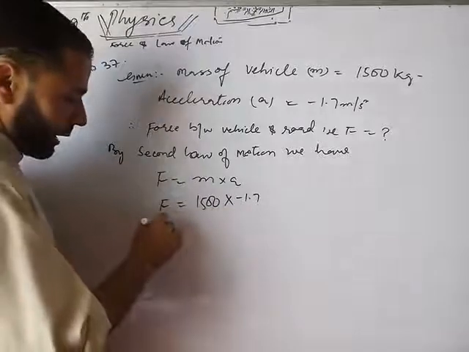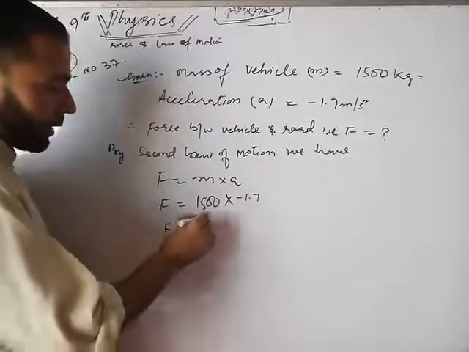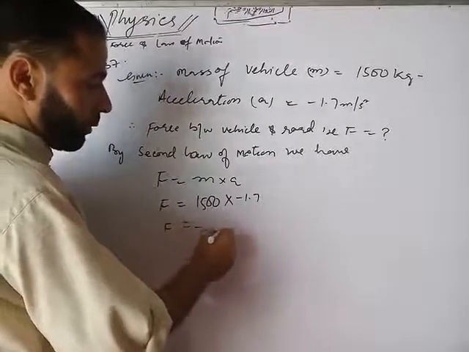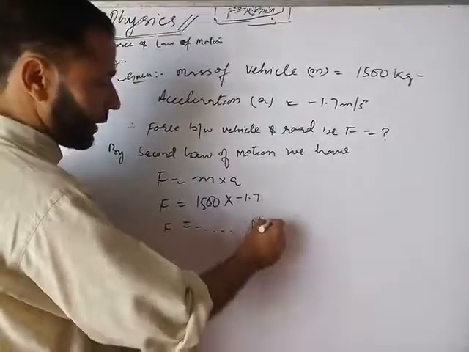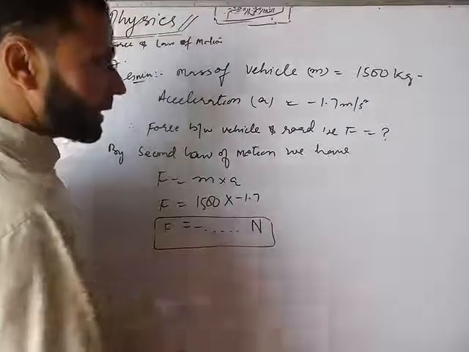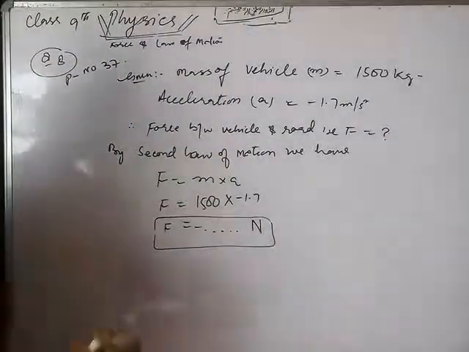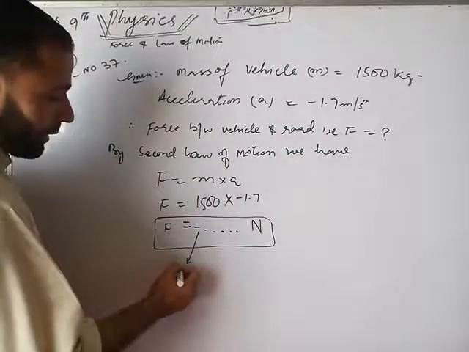ठीक. अब यहाँ से आप खुद कीजिए. F is equal to 1.7 into 1500, आप कीजिए. वहाँ पे निकलेगा माइनस. वो डैश आप खुद निकालिए. Newton. That will be the answer. Minus sign indicates that the force is resulting in decrease in velocity.